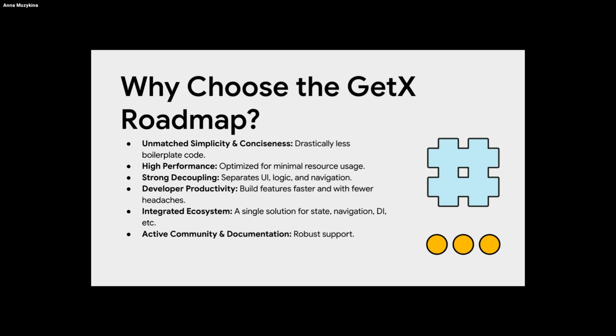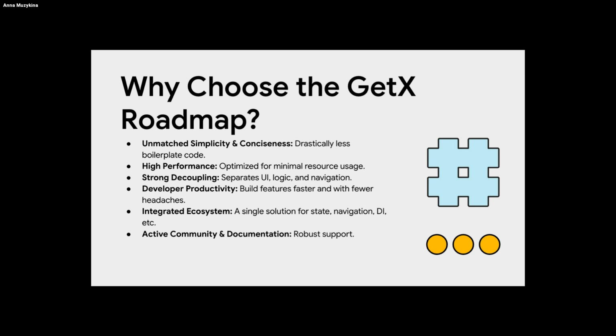internationalization, etc. So, performance. GetX is known for its performance. Its reactive state management only rebuilds the widgets that explicitly depend on the changed observable, leading to highly optimized rebuilds. For many common tasks, GetX offers a very concise and intuitive API.